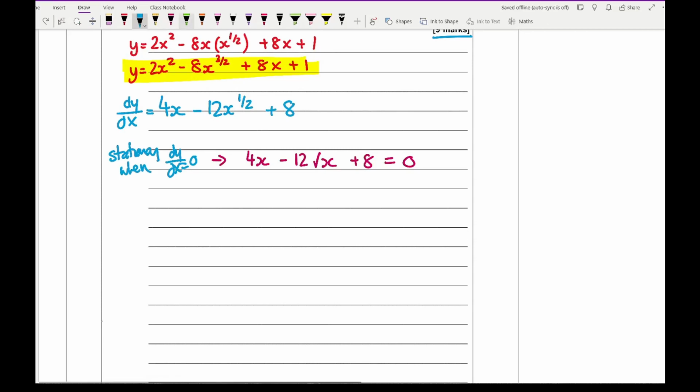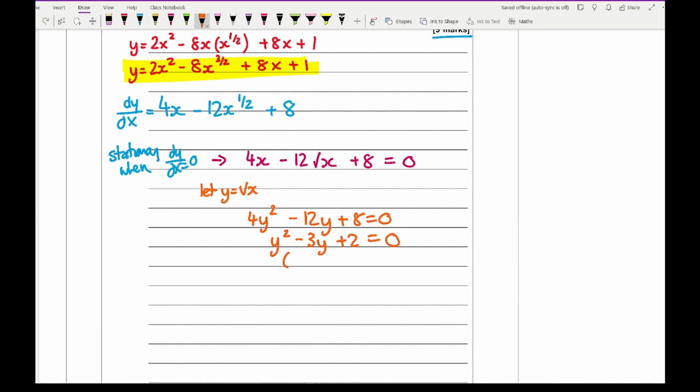So what we're going to do here is let y equal root x. Using this substitution, that's going to be 4y squared, because root x squared gives me x, minus 12y plus 8 equals 0, and then I can divide everything by 4, so I get y squared minus 3y plus 2 equals 0.